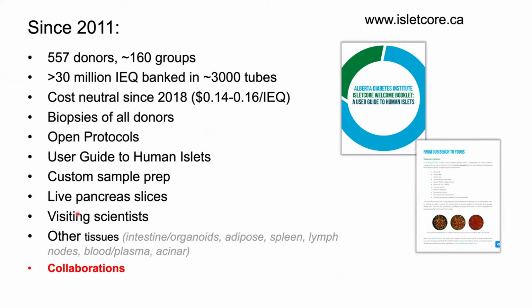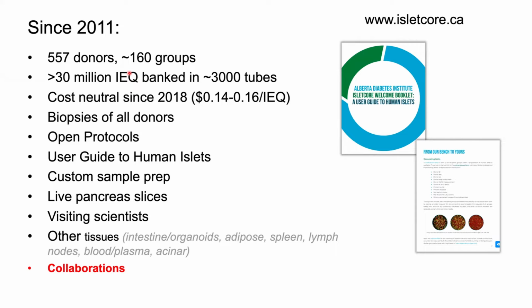In this time, we've processed 557 donors. It's actually, I think, up to 559 now as of this past weekend. We have a large number of islets, or islet equivalents as we call it, banked. We are proud of the fact that we are sustainable and we do not work on any subsidy.